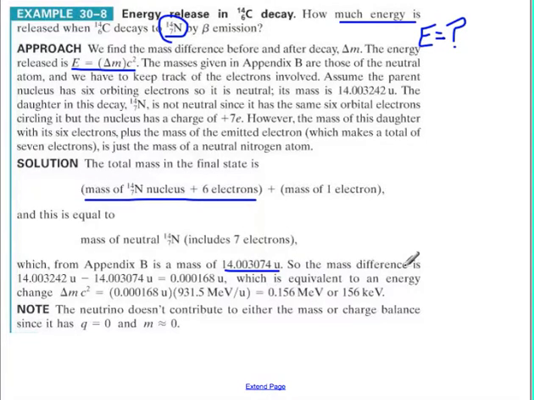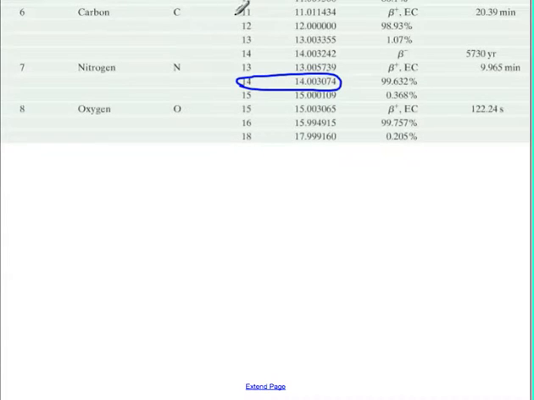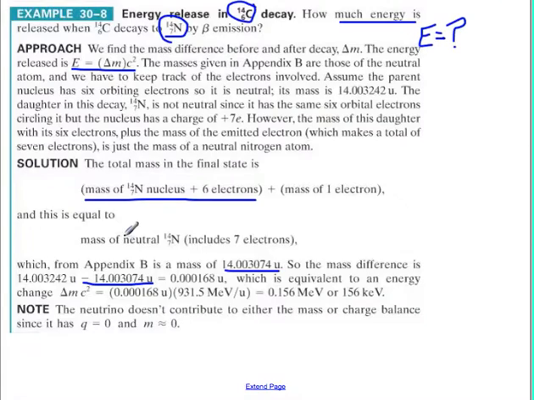Anyway, so the mass difference is going to be, where's this number coming from? So we're going to subtract this guy, but where did this number come from? Let's go back and look at that table. Well, what are we doing here? Remember, we're going from carbon 14. I bet that's the carbon 14 parent. So let's go see. Carbon 14 is right here, 14 point, and it's got 3242.